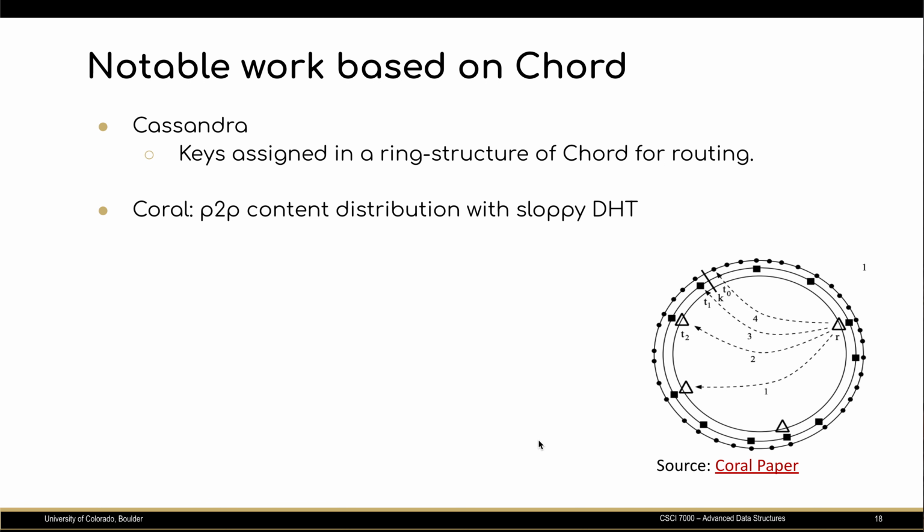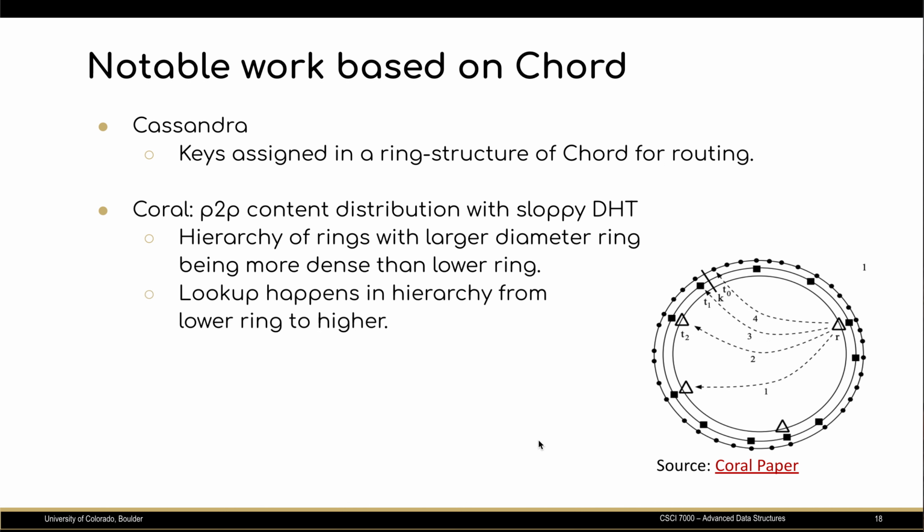First the lookup happens in the inner ring, and then the resolution happens in the outer rings. Think of the inner ring as an express highway and the outer ring as a very slow highway. The major distance of the network is covered in the lower ring, and then the resolution happens in the subsequent higher rings. It's a very simple design, which is again based on a Chord ring-like structure.